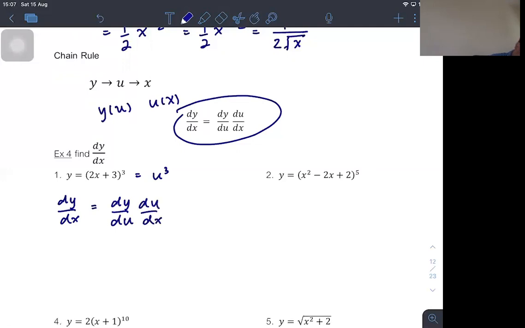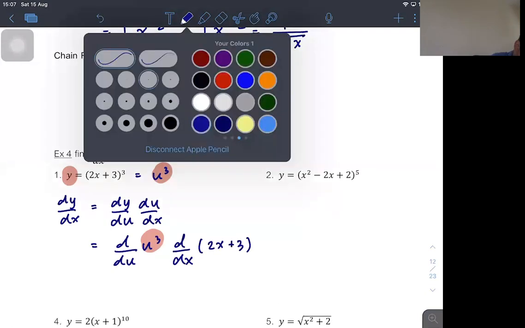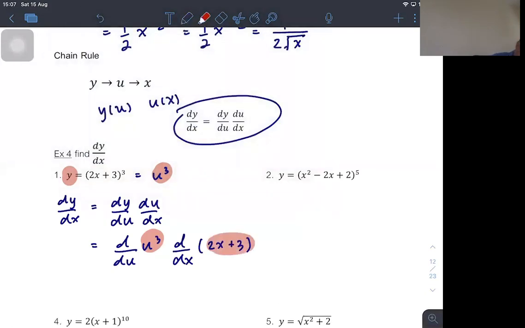So dy by du is diff of u cubed, because y is actually u to the 3, and then du by dx is the diff of 2x plus 3, because this one is u.